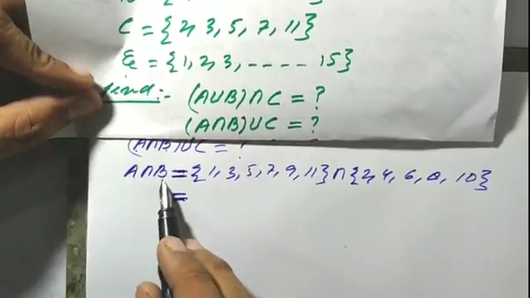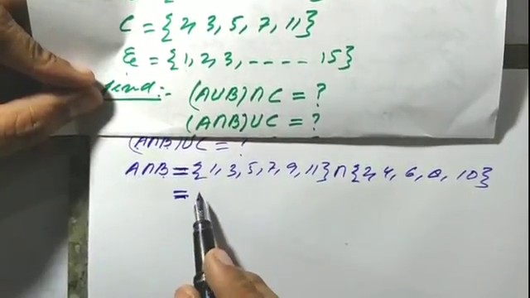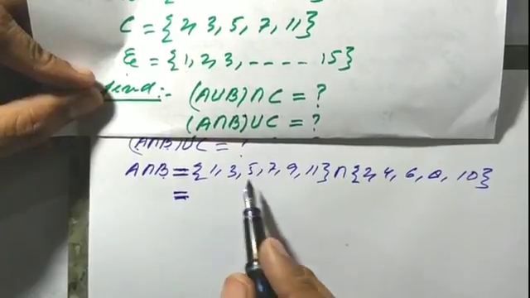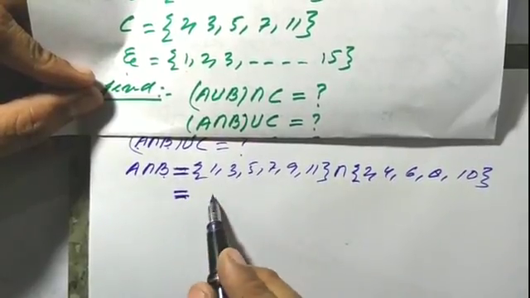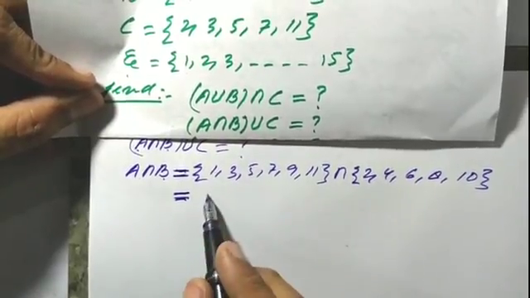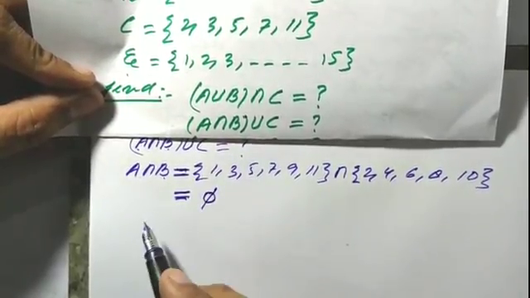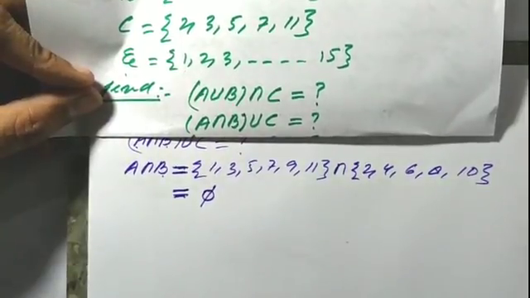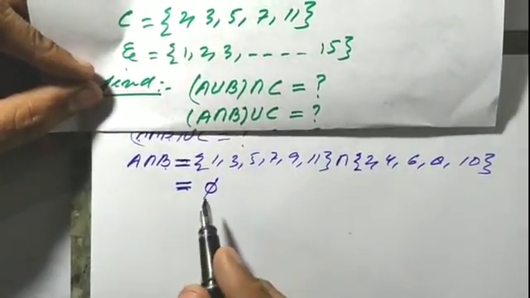So here A and B are disjoint sets. The common element is nothing, because no element is common between them. In this case we write phi, that means the null set. So A intersection B is a null set.